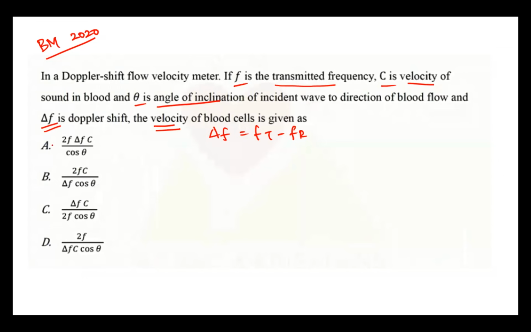They give it like this, and we get confused in the exam. We have studied the velocity formula, but they have a lot of traps. 2f, everything will look the same. So what is the answer for this question? Option C, sir. Yes, 2f cos theta.